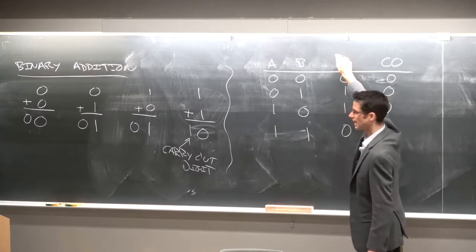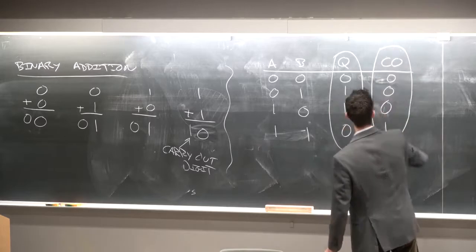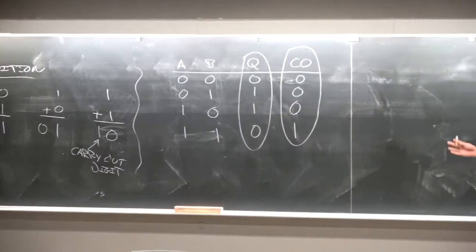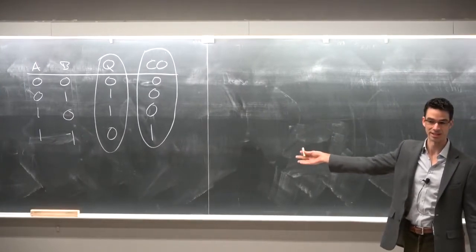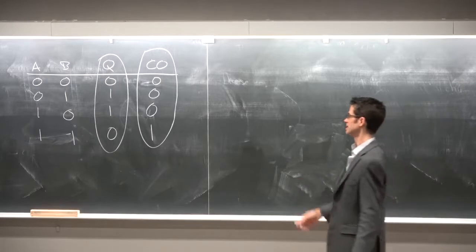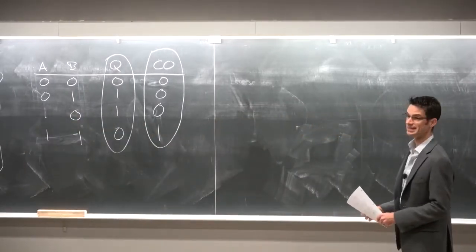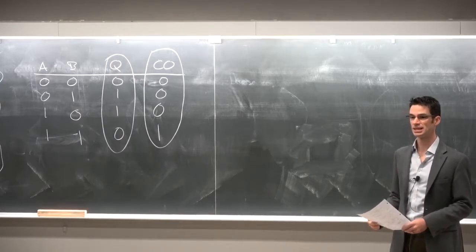Now, if we look at the Q and the carryout columns, we see that they actually match two of the logic gates that we talked about on Wednesday. So Q is, anyone remember what this logic is?